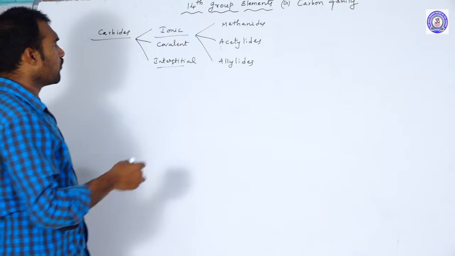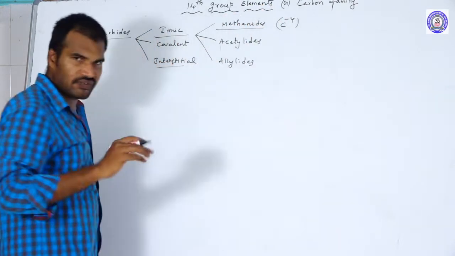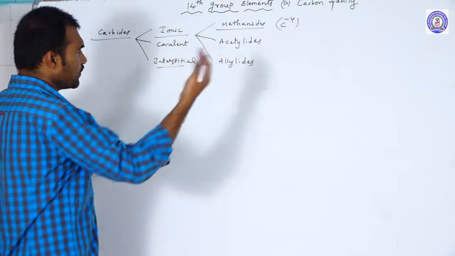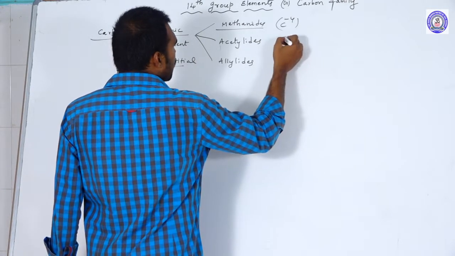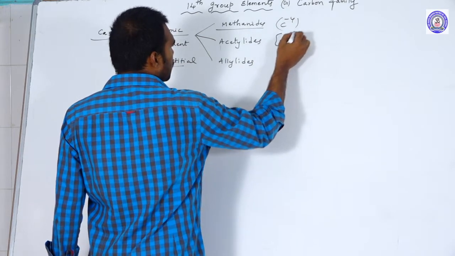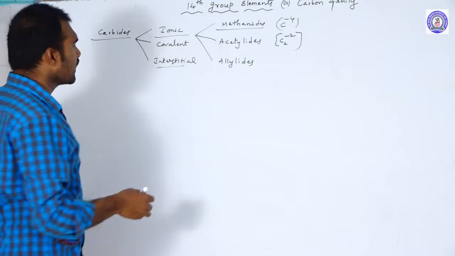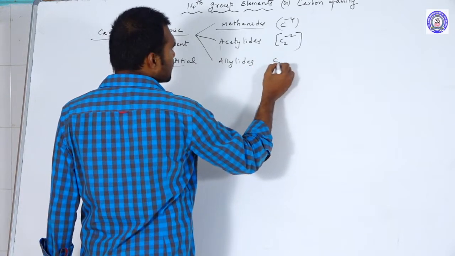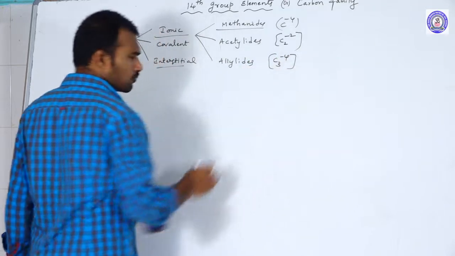What is the formula of methanides? Methanides are C minus 4, where the carbon has a minus 4 charge. Acetylides means C2 minus 2. That is the general formula of acetylides. Next, allylides means C3 minus 4.